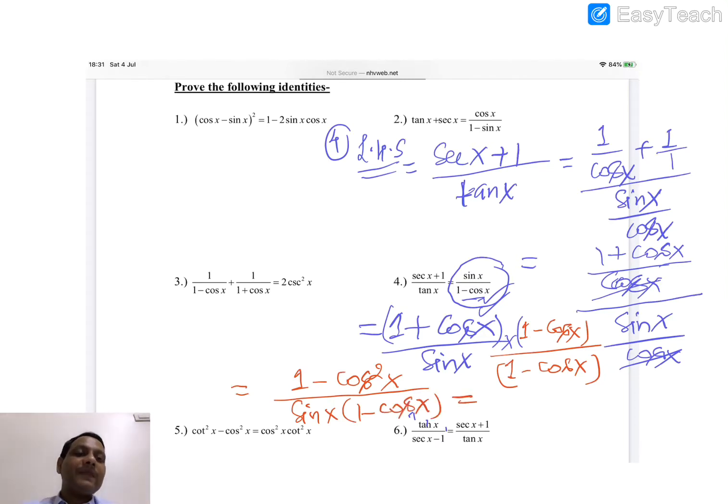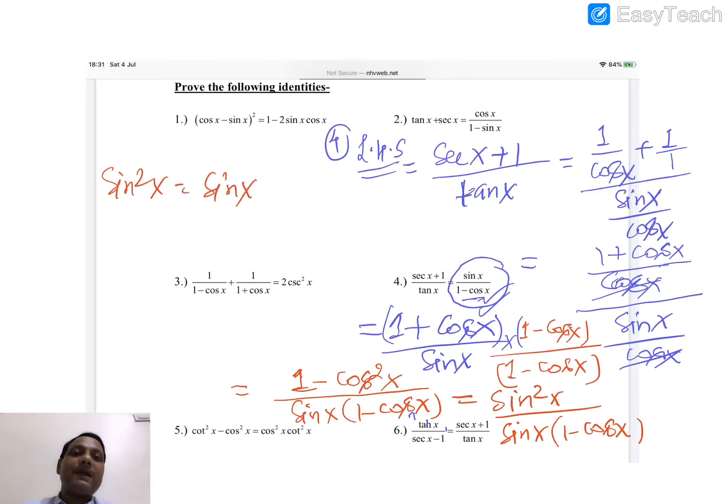Guys, so till here I hope you all understood. So 1 minus cos square x, we know is sin square x, over sin x over 1 minus cos x. So many people are confused about sin square x, you know, we can write here sin x whole square. So don't be confused about that, this is practically the same, right?